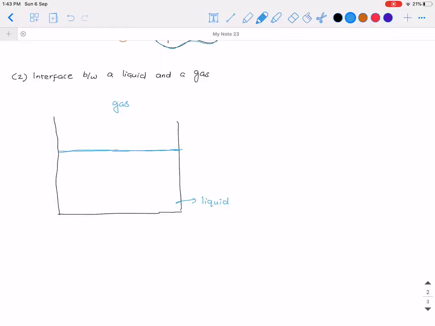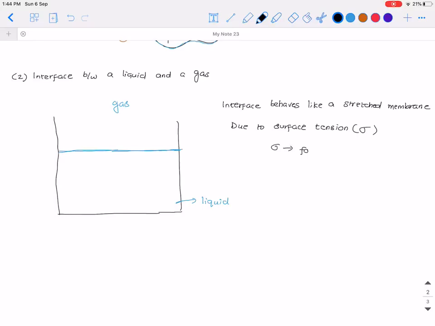This interface behaves like a stretched membrane. This is due to the property known as surface tension, usually denoted with sigma, which is given as a force per unit length.